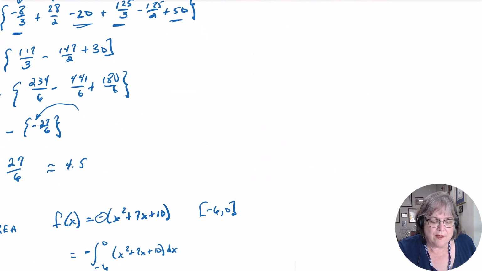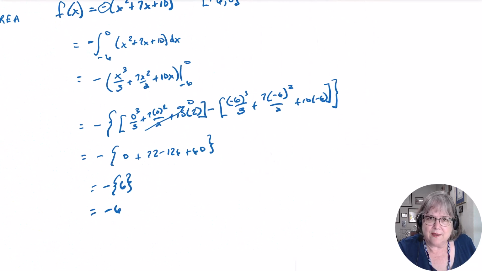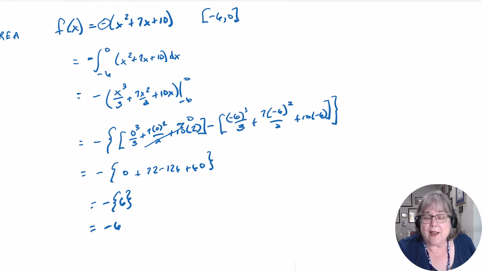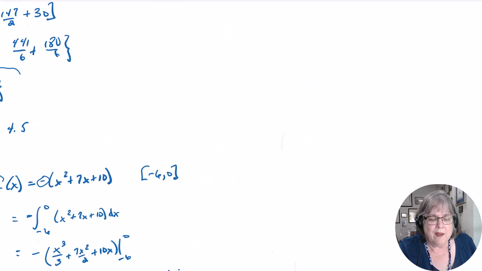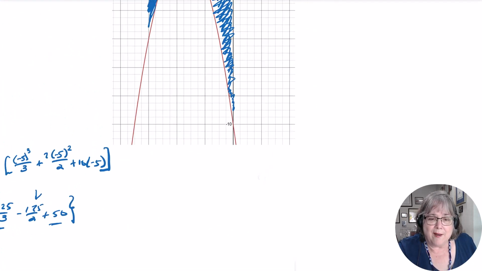That's why this ended up being -6. So that says the net is I have more negative than I have positive, right? But it's not a total. You canceled the positive area into the negative, and have -6 square units down below still. So keep that thought in mind.